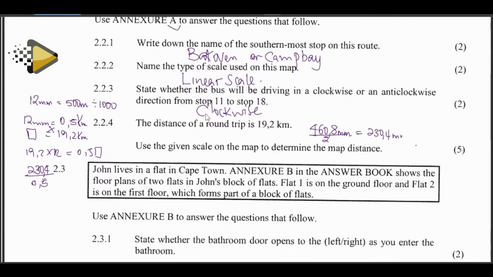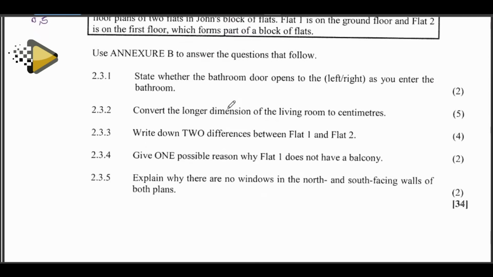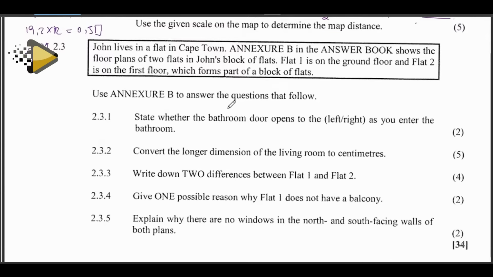These are millimeters. In actual sense, it becomes 23 centimeters. But it's fine, even though you got 460.8, it's a round trip. Let's look at question number 2.3.